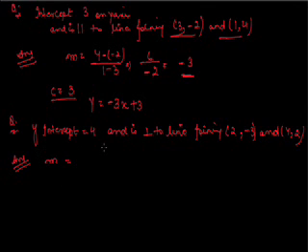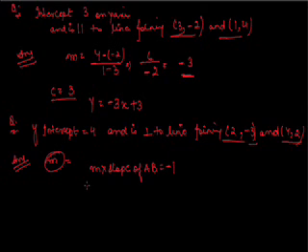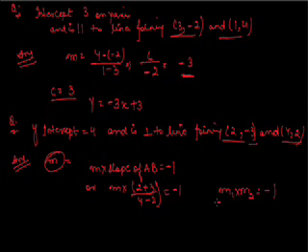Since that line is perpendicular to the line joining the points A (2, -3) and B (4, 2), m into the slope of AB is equal to -1, or m into (2 plus 3) upon (4 minus 2) is equal to -1, as we know that m1 into m2 is equal to -1, which is the condition for perpendicular lines. So from here, m is equal to -2 upon 5.